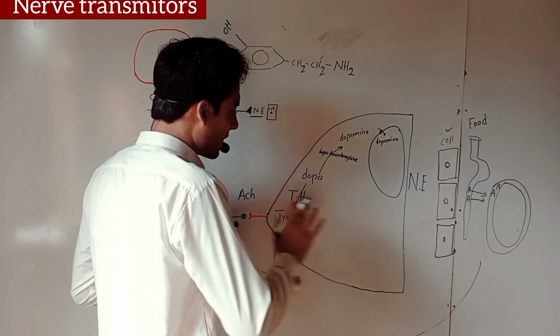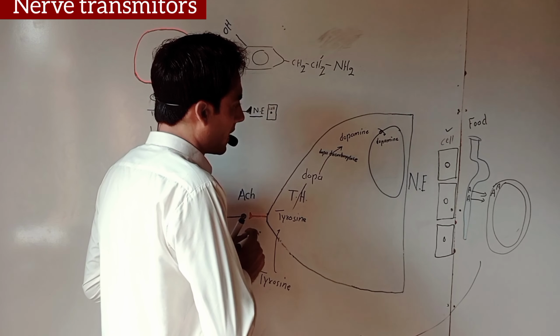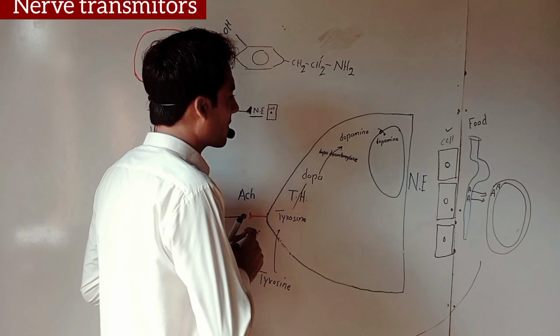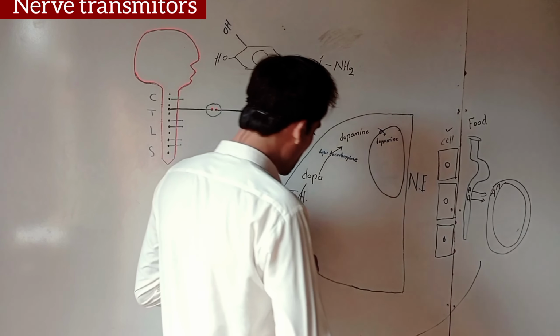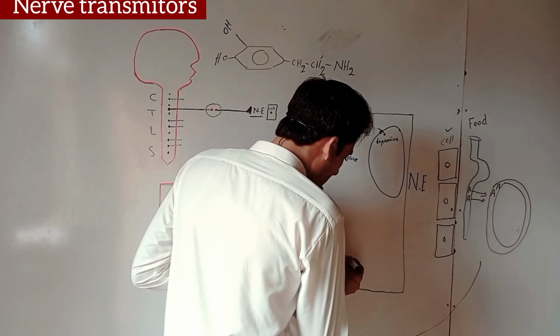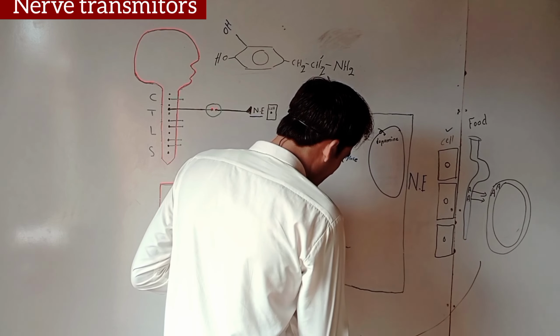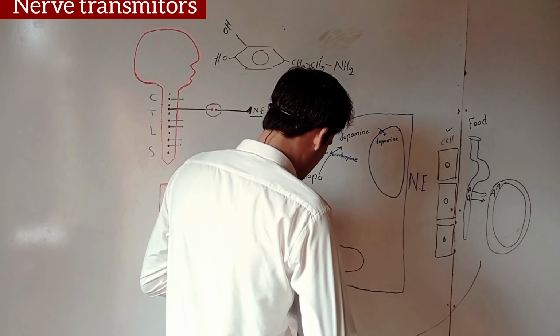If dopamine remains in the cytosol, it is destroyed by a very dangerous enzyme, monoamine oxidase, that is present within the nerve ending. Let's suppose this is a mitochondrion.